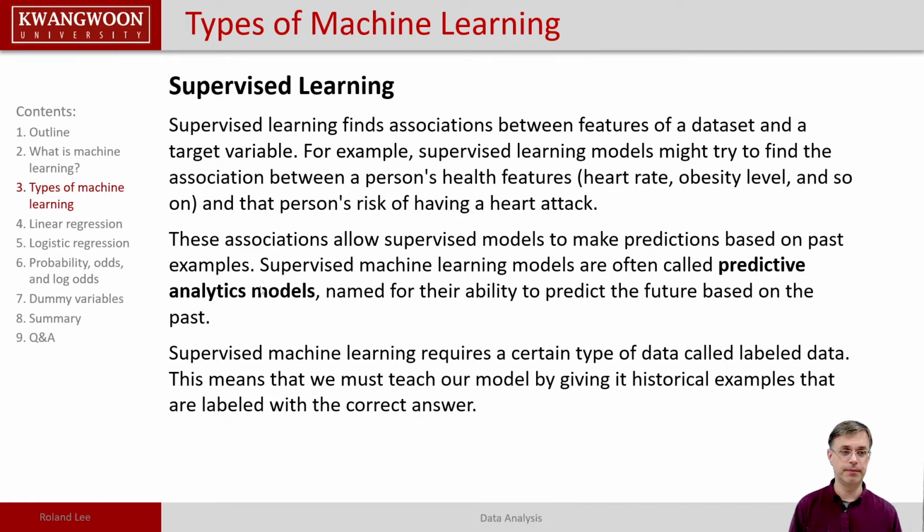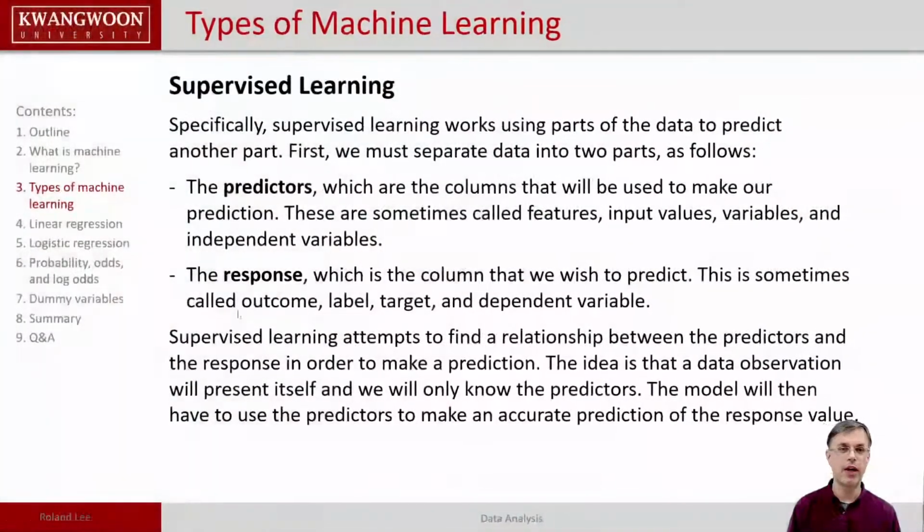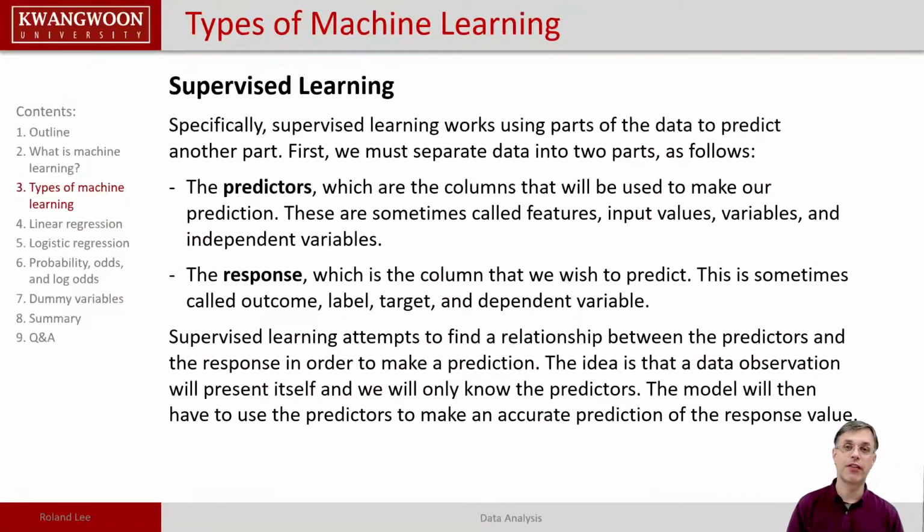Specifically, supervised learning works using parts of the data to predict another part. So first, we must separate the data into two parts. That is the predictors, which are the columns that will be used to make our prediction. These are sometimes called features, inputs, variables, and independent variables.